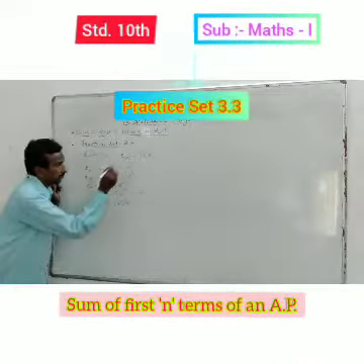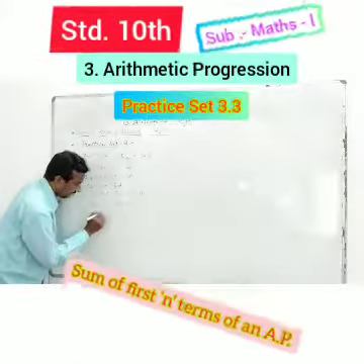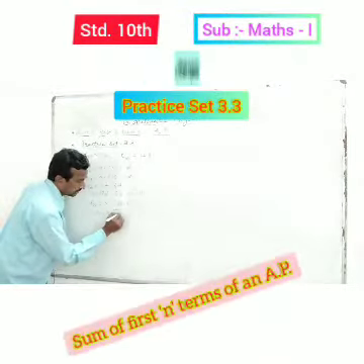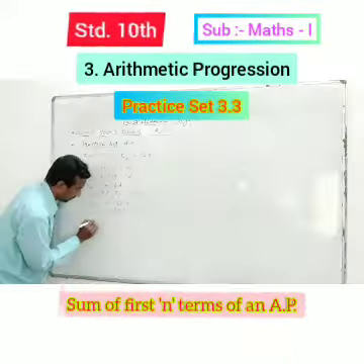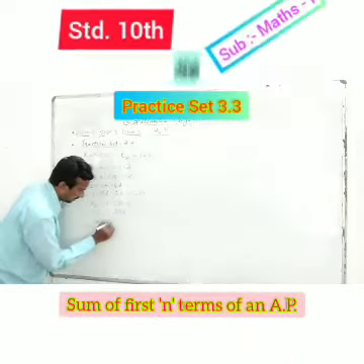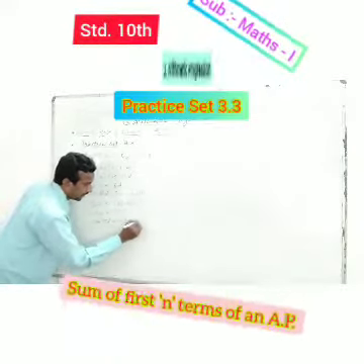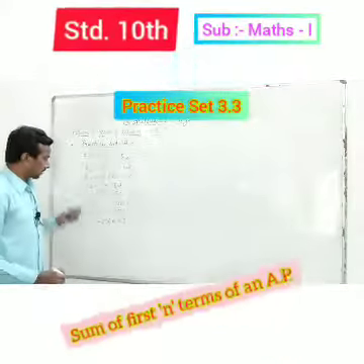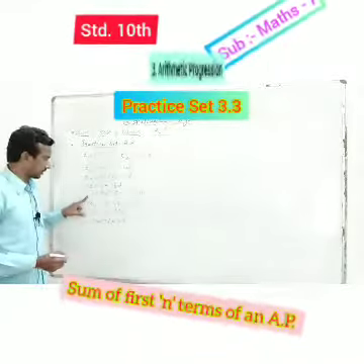But the value of T38 is given. It is 128, equal to a plus 38 minus 1 is 37d. Therefore, we have a plus 37d is equal to 128. Equation number 2.